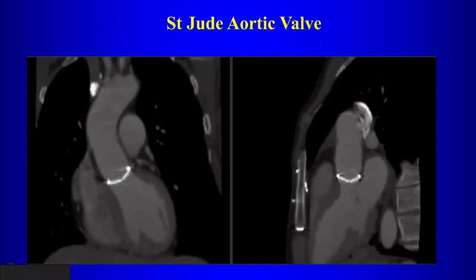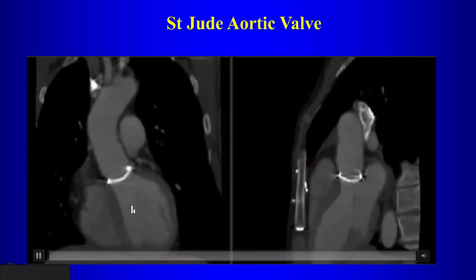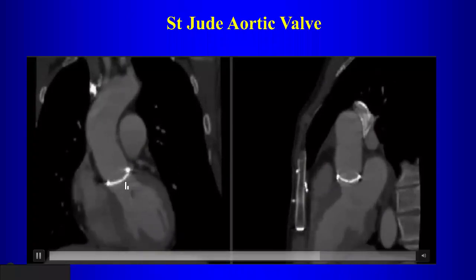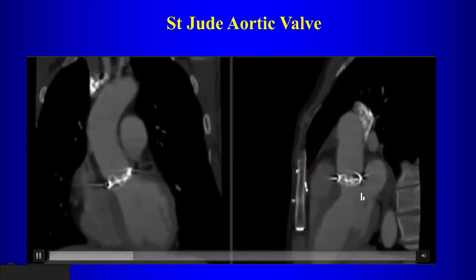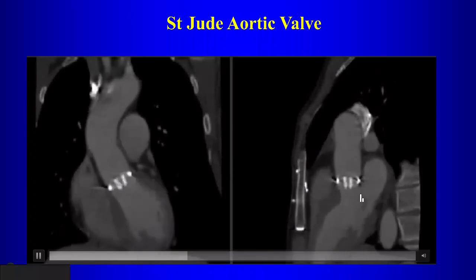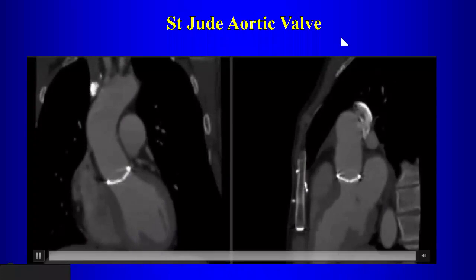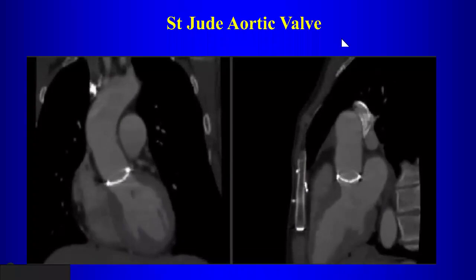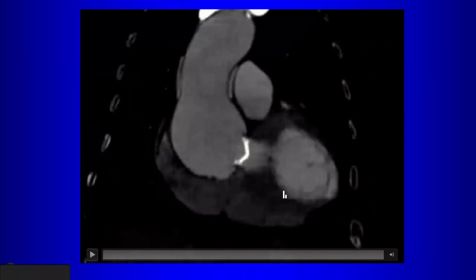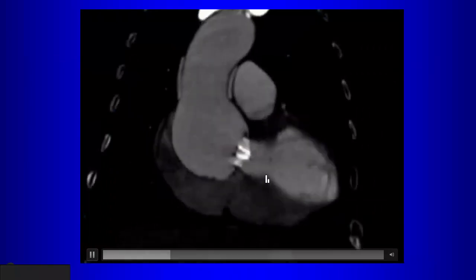If for some reason they're not able to get the answer with echocardiography, CT is very good. Of course, you'd have to use retrospective gating, but you can see the valve leaflets very nicely. And with retrospective gating, you can actually look at the valve leaflet function. So CT is pretty good for evaluating these mechanical valves, okay?